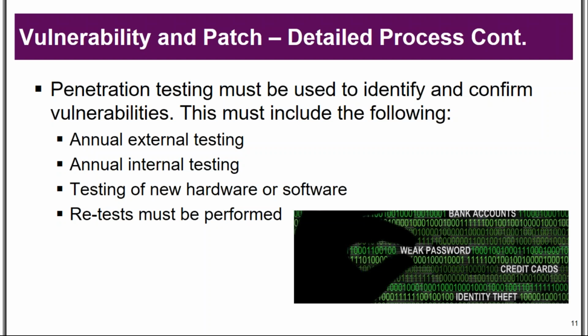You need to have an annual external test of your network infrastructure and your applications by independent penetration testers. Now, you may employ penetration testers within your organization, but sometimes they're so used to looking at the environment that they may miss something. Not to take anything away from your penetration testers, but the third parties that do this for a living have looked at many, many different organizations.